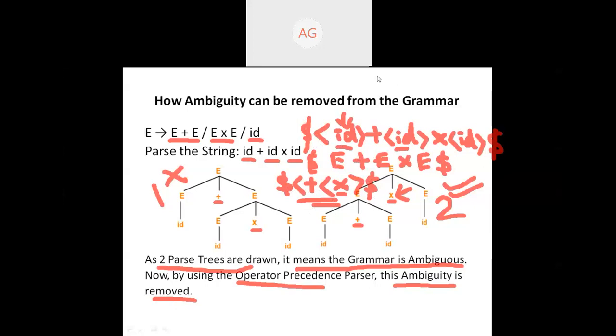Did all of you understand it? Just write in the chat box. So by using this procedure, we remove the ambiguity from the grammar by using operator precedence grammar. Okay. So just remember this concept.